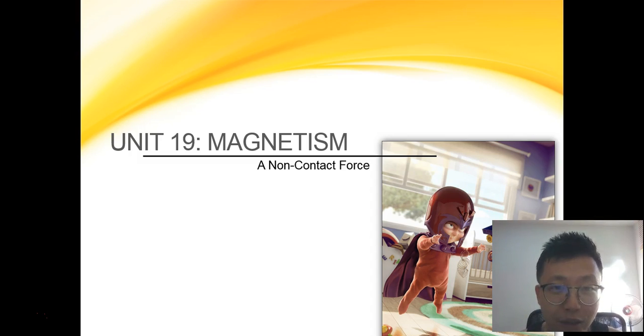Apparently this stone has some magnetic material embedded in it, and because of that, the stone gets attracted to the iron nail on the shoe. So they discovered this mineral that would be attracted to iron or steel, and they decided to name this material magnet.